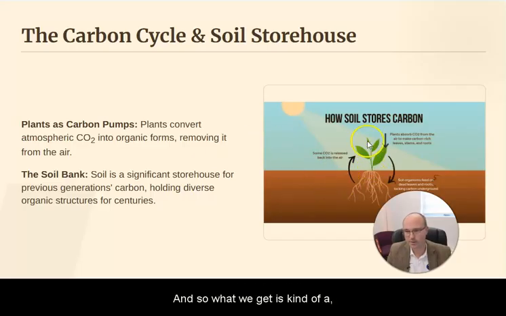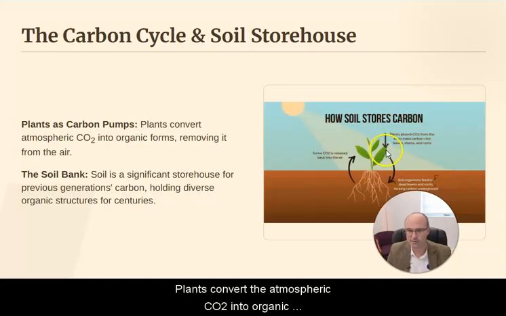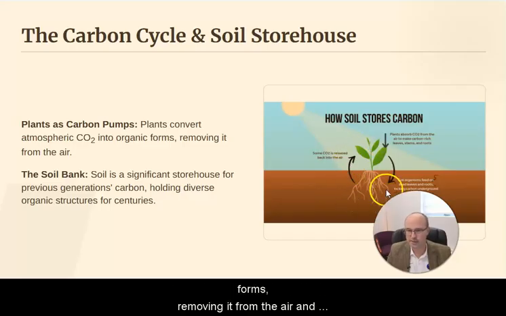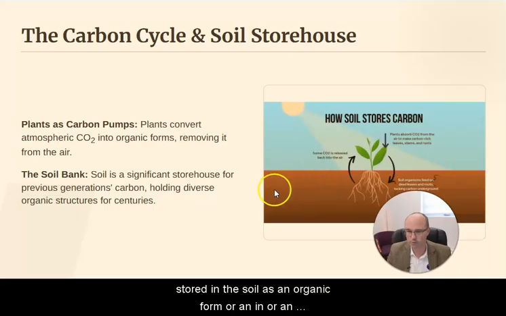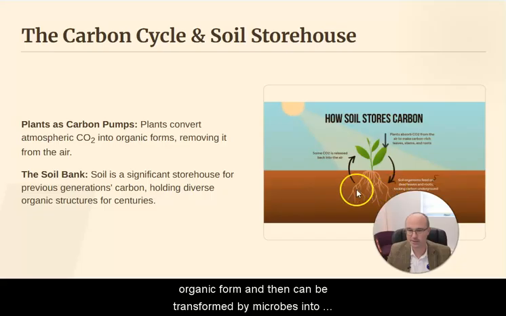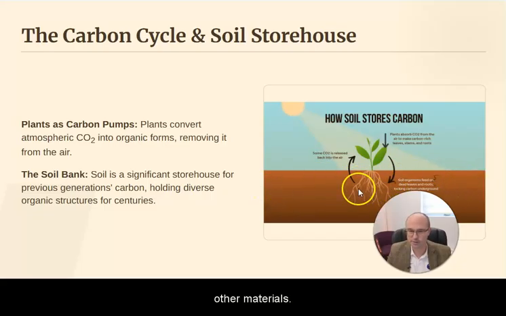And so what we get is what we call a carbon pump. Plants convert the atmospheric CO2 into organic forms, removing it from the air and storing it in the plant. Then as the plant dies, it gets stored in the soil in an organic form, and can be transformed by microbes into other materials.